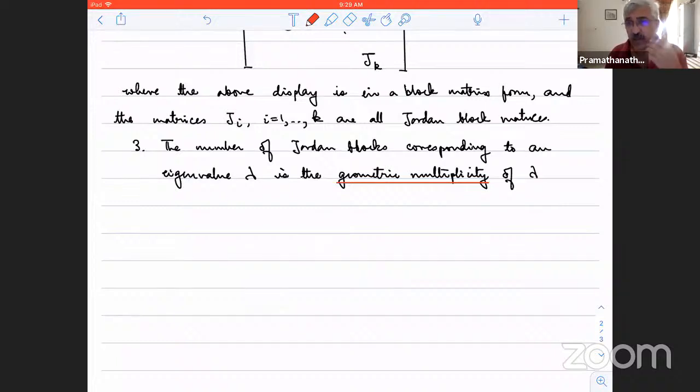It's just the dimension of the corresponding eigenspace. And the matrix is diagonalizable if and only if the geometric multiplicity of each of the eigenvalues is equal to the algebraic multiplicity of these eigenvalues. That's all easy to see.